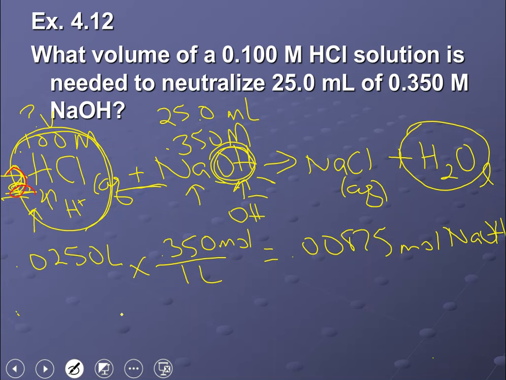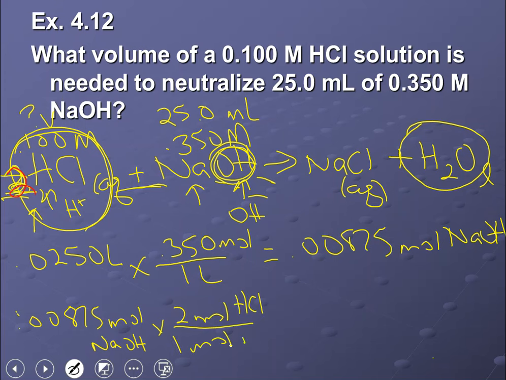Then I would take my 0.00875 moles of NaOH, and then I'd use my mole ratio, 2 moles of HCl over 1 mole of NaOH. And so I'm basically doubling that.